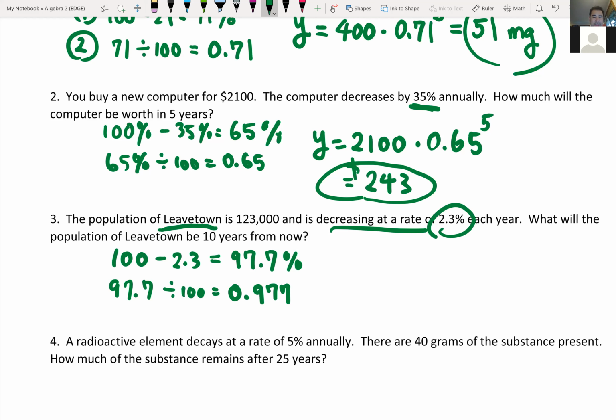So now let's figure out the population of the town. 123,000 people, 0.977 to the 10th power. What did you guys get?